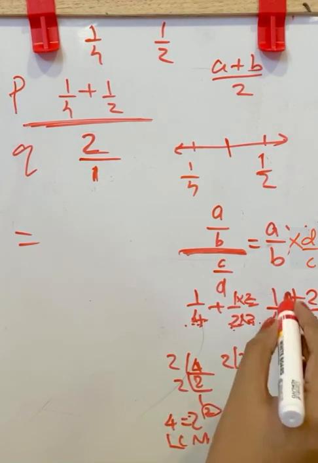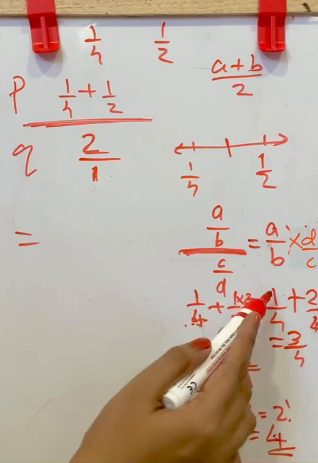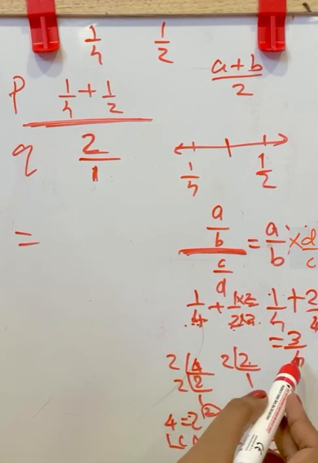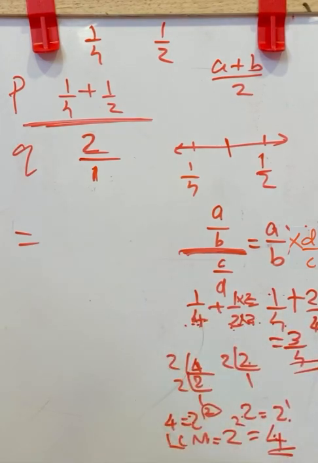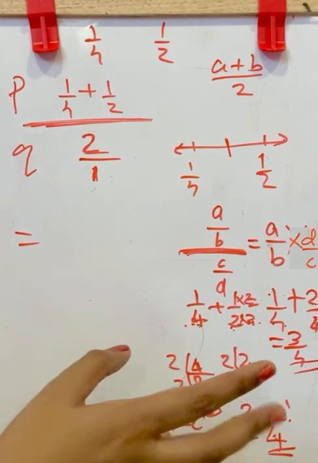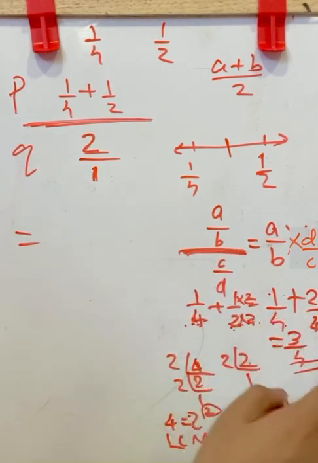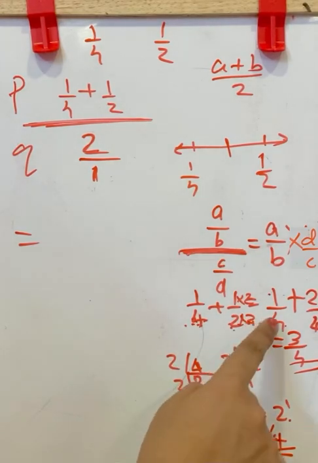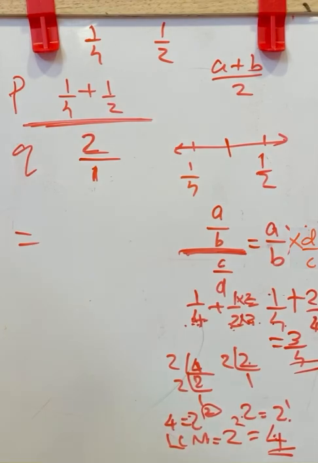The result is 1 plus 2 whole by 4, that is 3 by 4. 1 by 4 plus 2 by 4 is 3 by 4. Remember, don't add these denominators. In addition and subtraction, the denominators must be the same, but you must not add or subtract denominators. But in multiplication, you can multiply both denominators and write the answer. Okay, here it is 3 by 4.